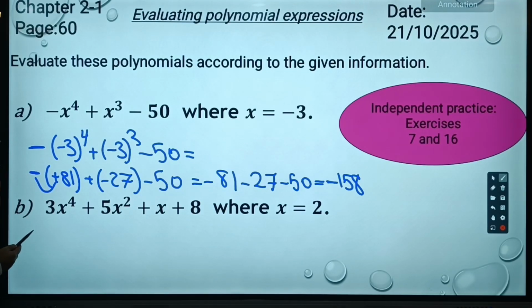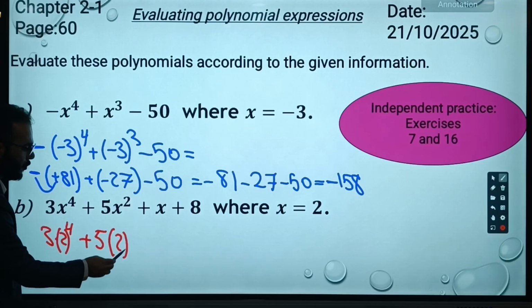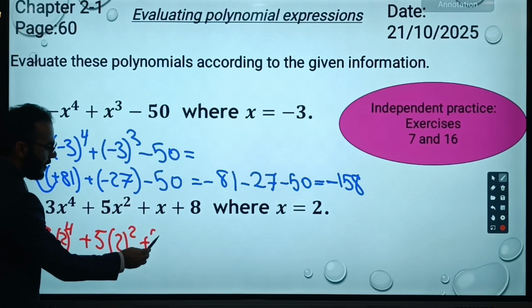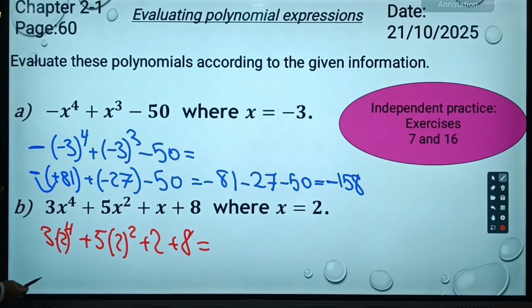Easy peasy, lemon squeezy. Okay, 3 times x is 2, 2 to the power 4. It's better to put it inside a bracket in order not to get confused. Plus 5 times, instead of x we have 2 to the power 2, plus, instead of x we have 2, plus 8.